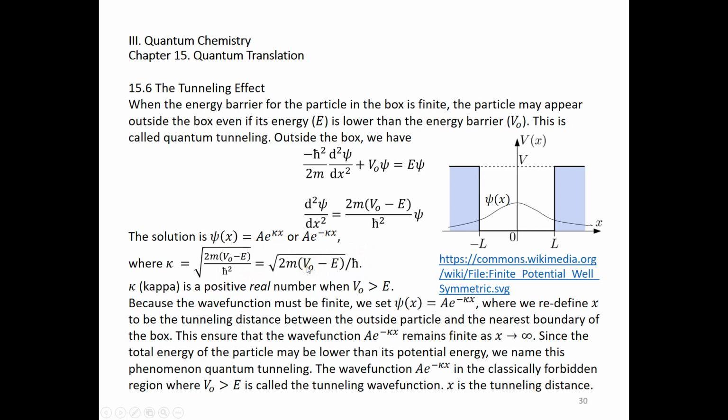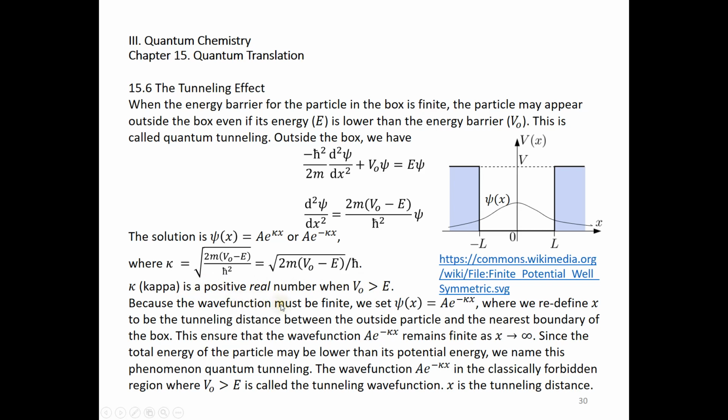Because V0 is greater than E, kappa is real. It's a real number because mass is positive. If V0 is greater than E, this is positive. The square root of a positive number is a real number. So kappa is a positive real number as long as V0 is greater than E.